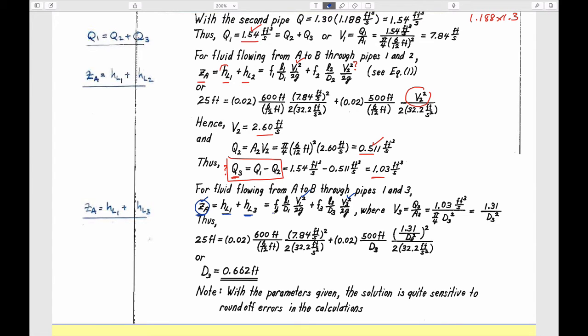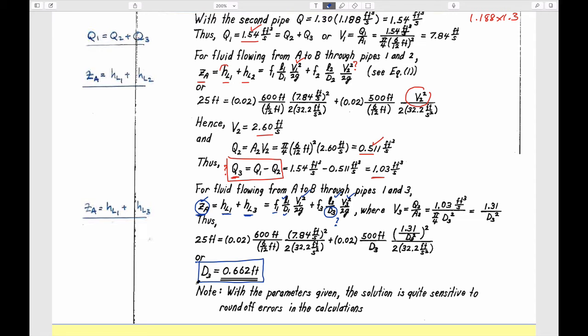We know the friction factor, length and diameter of the first pipe. And we know a length of the second pipe, we know a friction factor for the second pipe, but we need to calculate what the diameter would be. That's the only unknown. And so if we substitute everything into this that we have, the only term left to solve for is the diameter.